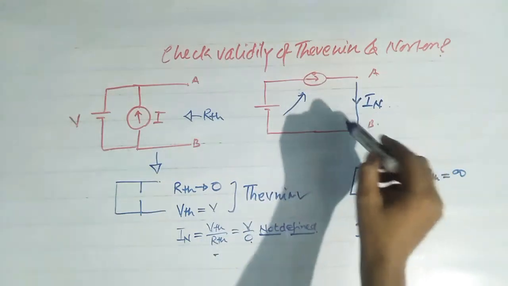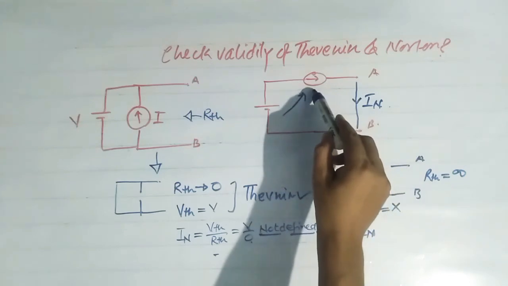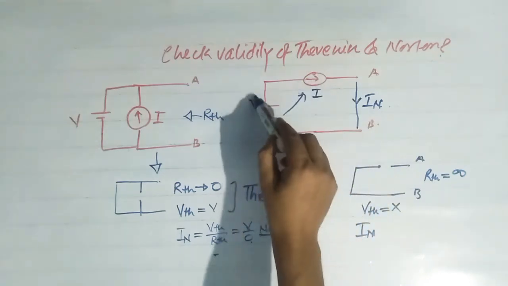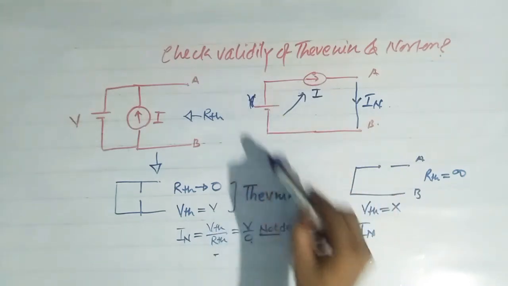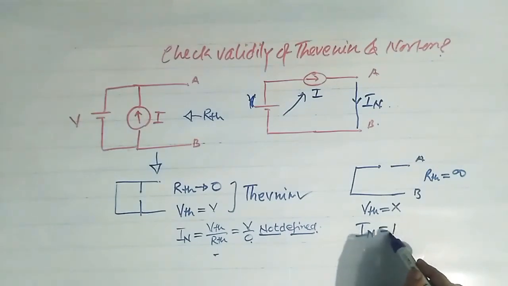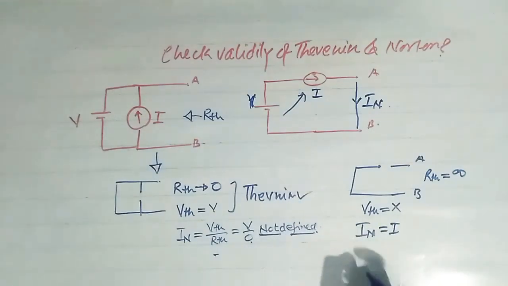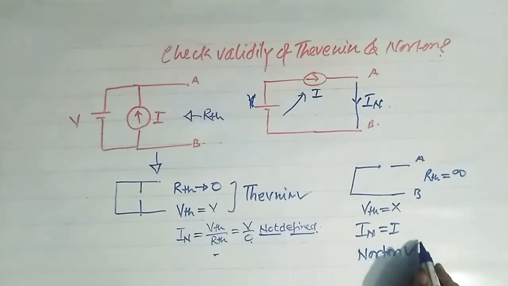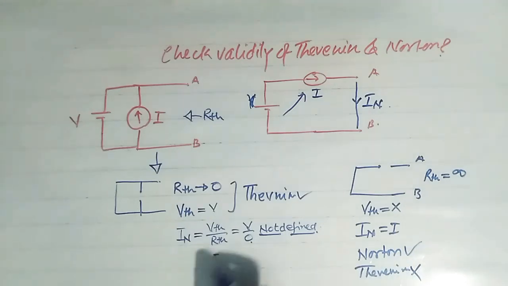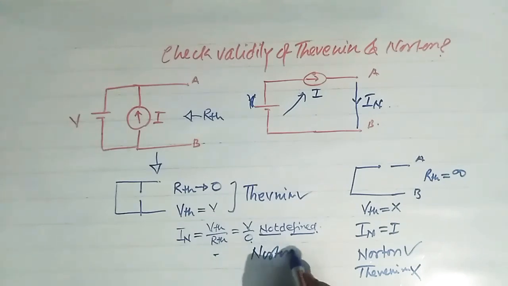If we short this, then the current in this branch will be equal to this current source I. That's why IN is equal to I. So for this circuit, Norton is possible, while Thevenin is not possible. Okay, and for the previous one Thevenin is possible, Norton is not possible.